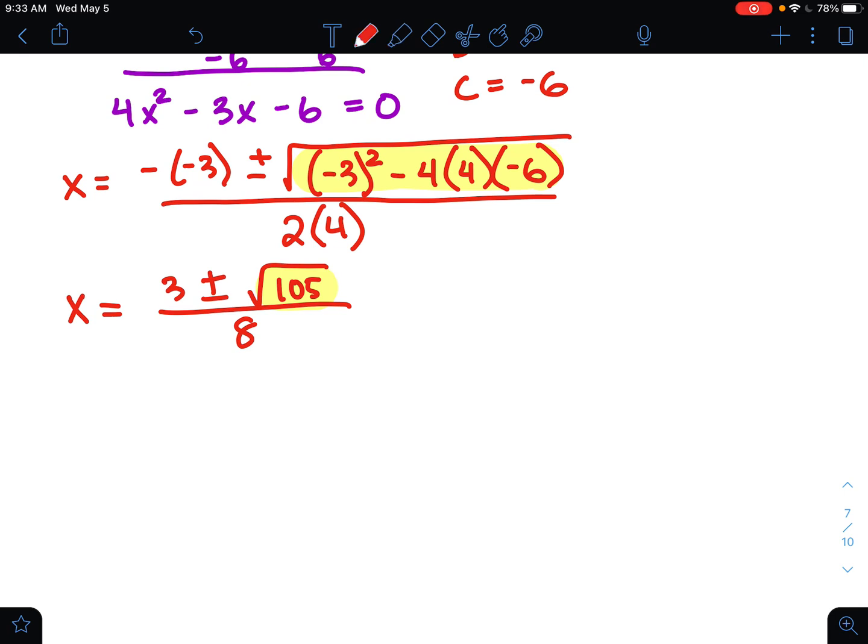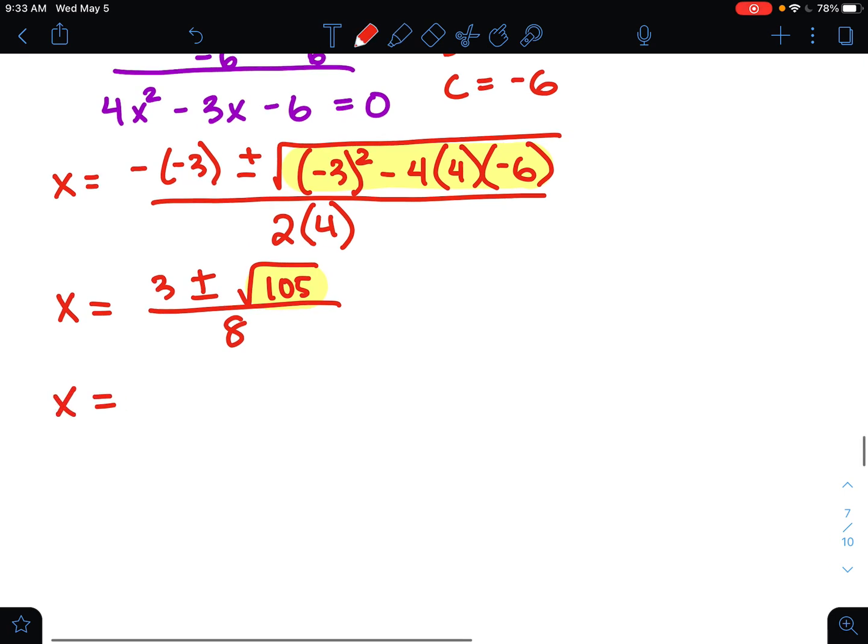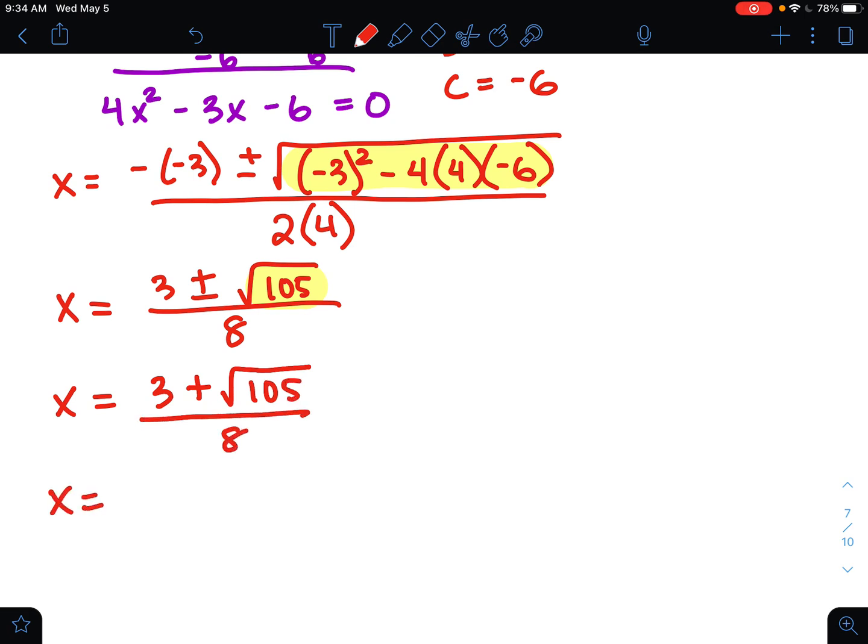I want to separate this out because I want you to use your calculator in a minute. I want you to first go like this. Let's separate out the plus or minus. Let's do 3 plus the square root of 105 over 8. And let's do 3 minus the square root of 105 over 8. Because you're going to get a decimal with 105.